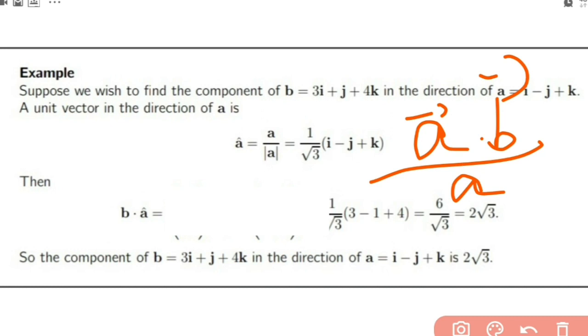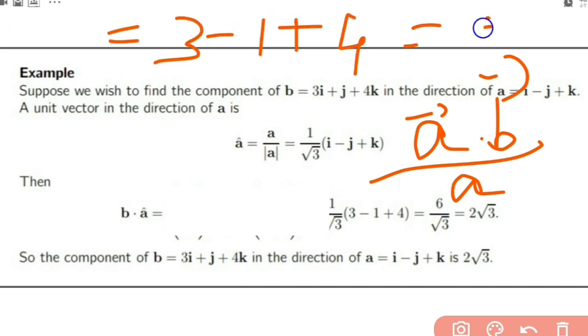So first to find vector A dot vector B. In this case, vector A dot vector B is 3 minus 1 plus 4. So it is 2 plus 4, that is 6. So we have the dot product as 6.